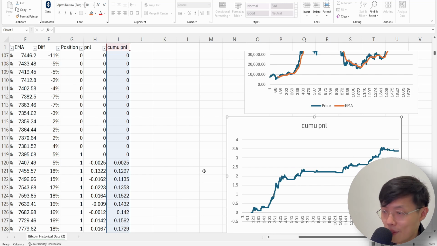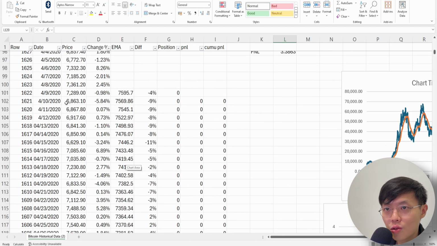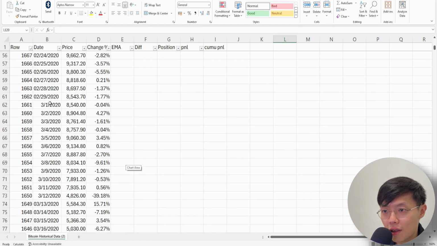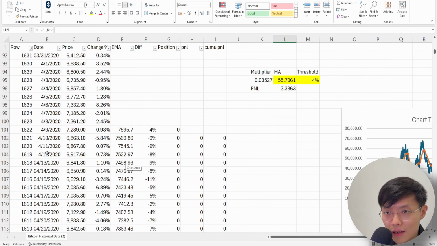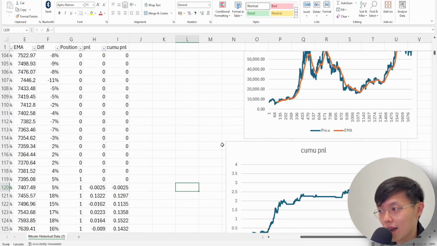It means my investment can get 3.5x from the year 2020 all the way to the year 2024. So in 4 years, we can get 3.5 times. How amazing is that?